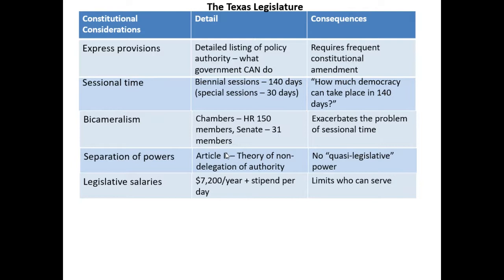And it takes some time, the critics argue, to build up some expertise, some understanding of how state agencies work and how state governance works. And you lose that without having professional politicians, they would say.